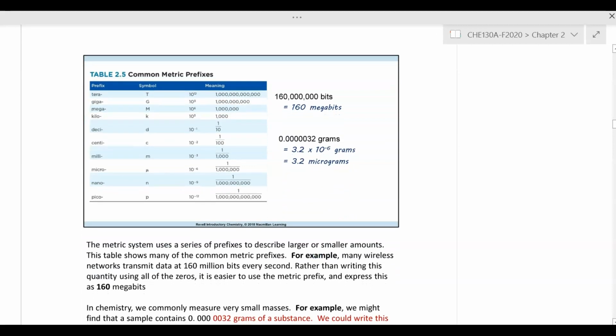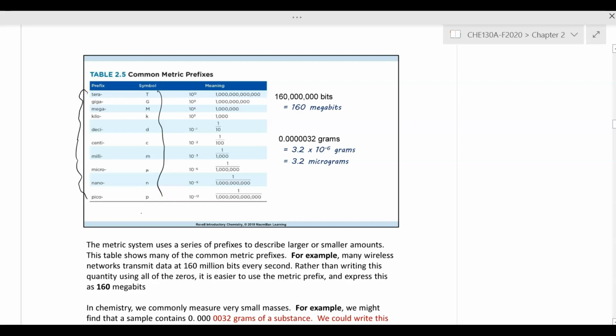The metric system has a power of 10 used with these prefixes, and so you see here these prefixes, which are based on Greek words, and those prefixes have symbols, and then those go with powers of 10.